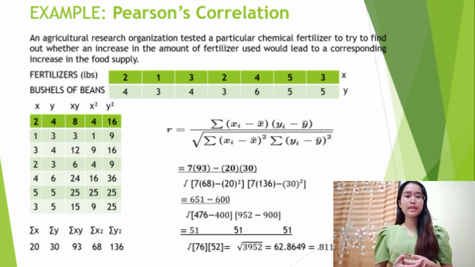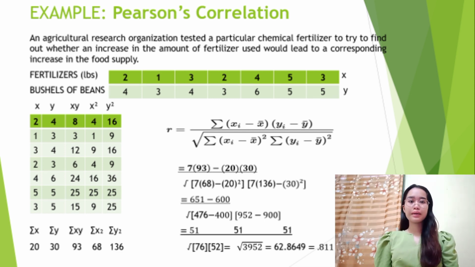This is going to be one operation. We're going to put brackets on it, and then another bracket, n times the sum of y squared, and we're going to subtract that.